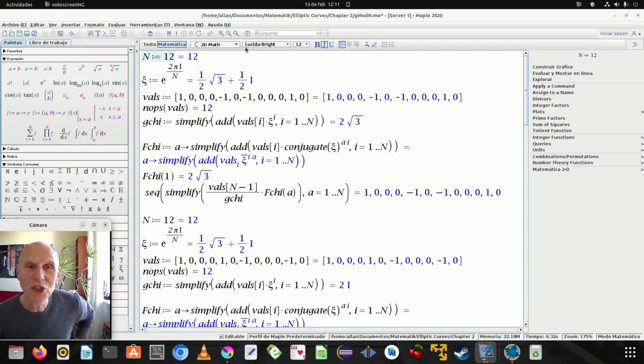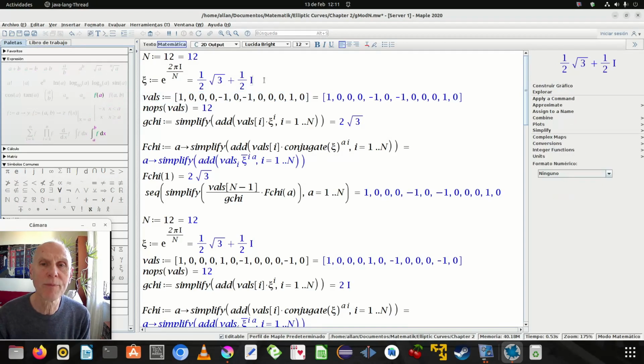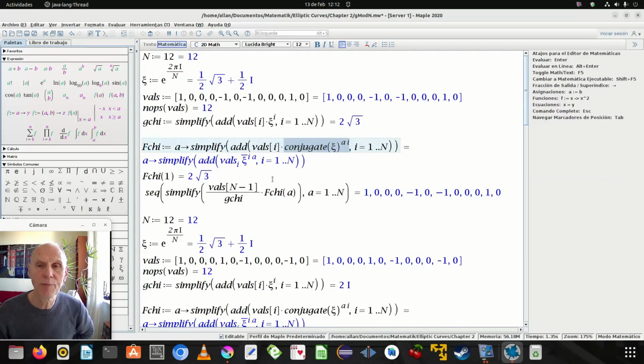I'm back after lunch, and I'll start by showing you the work I did during the weekend. First, I took the primitive character modular 12, and I have its values here. We've been through that before, and the g of chi is 2 square root 3. And then I program the map giving the Fourier transform, where we use the conjugate of psi.